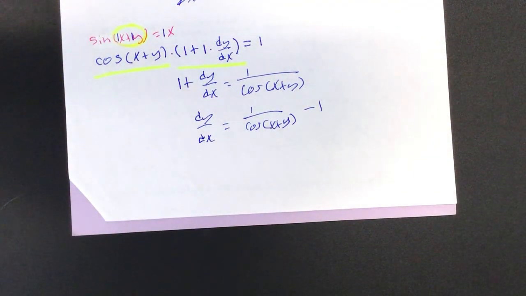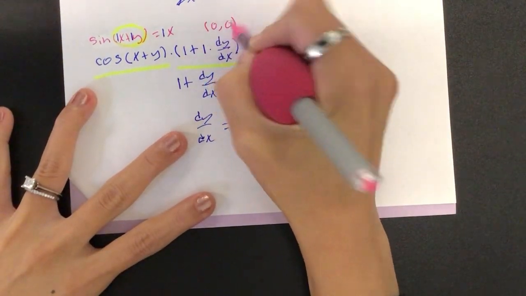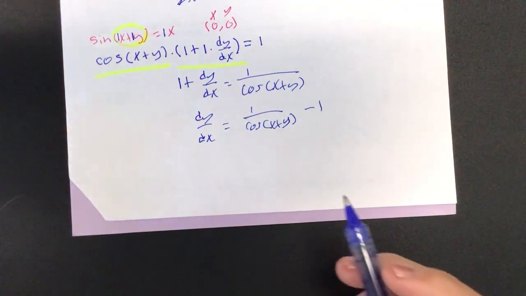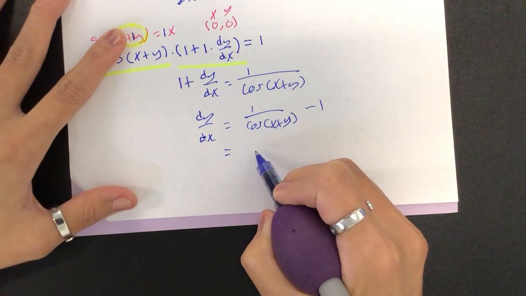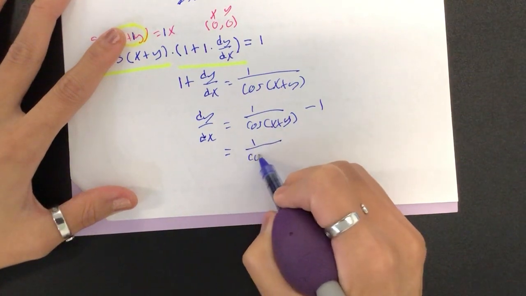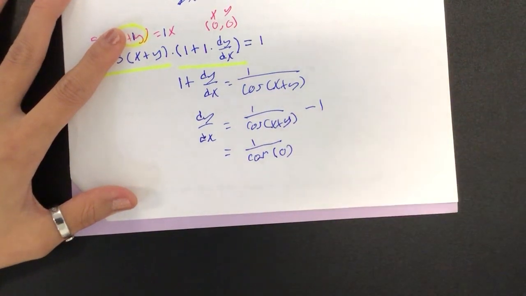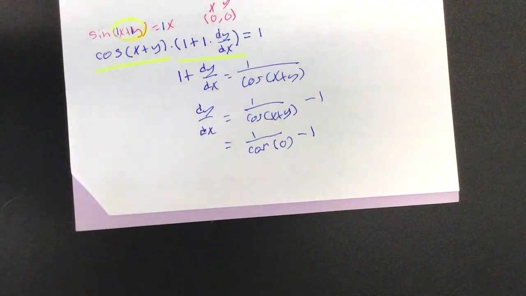So I'm going to pick a random point to see if it works out. Let's say the point that I want to use is 0, 0. That's my x, that's my y, and we're going to plug it in. So when I plug it in, we have 1 all over cosine of, isn't 0 plus 0, 0? Yeah? Then we have minus 1. So here's our main goal.